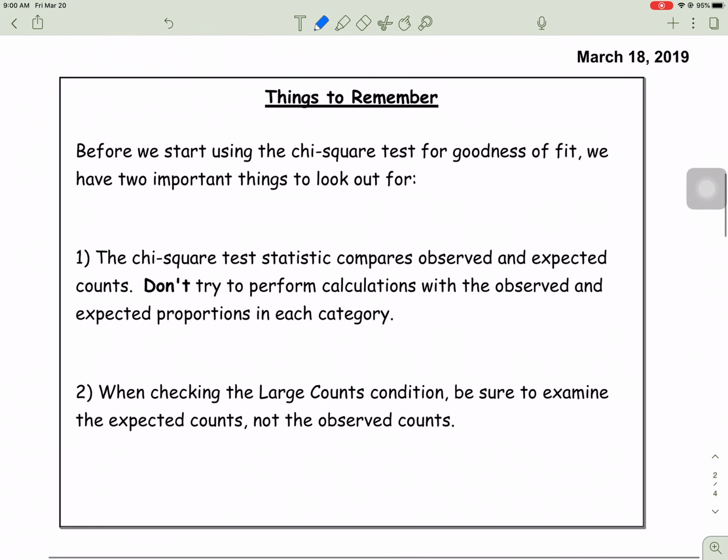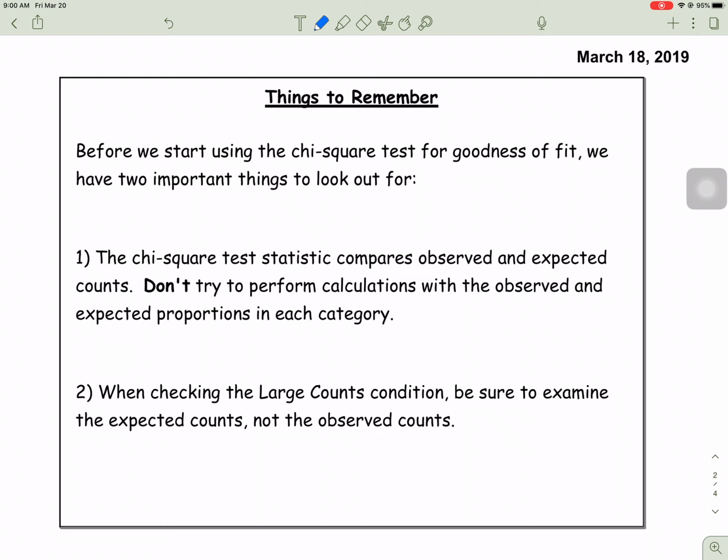So just some things to remember. Before we start using goodness of fit, we have 2 important things to look for. The chi-square test statistic compares observed and expected counts. Don't try to perform calculations with the observed and expected proportions in each category. We need counts. It's the number of times something happens, not the percentage of times something happens. So there have to be whole numbers in your table when you're doing observed and expected.